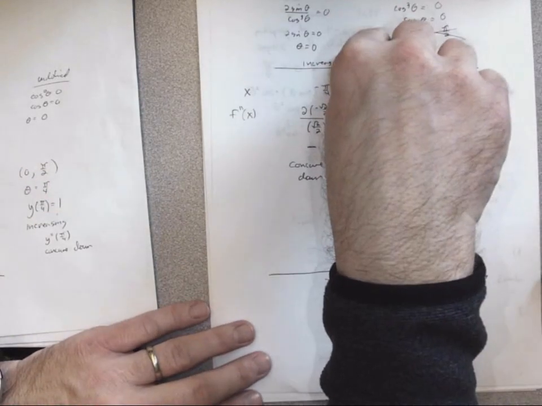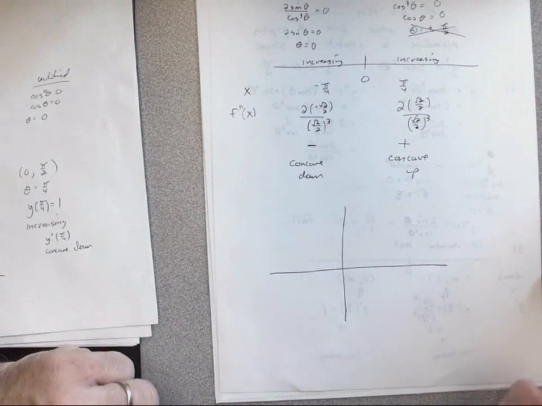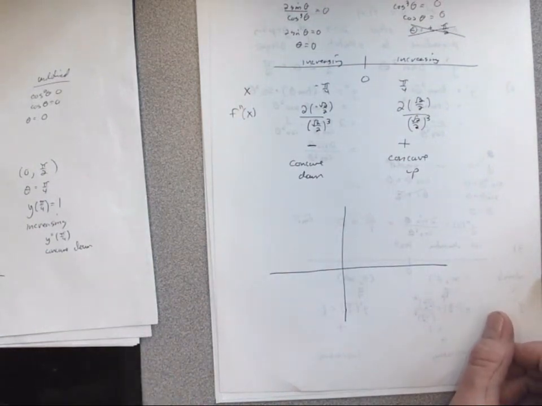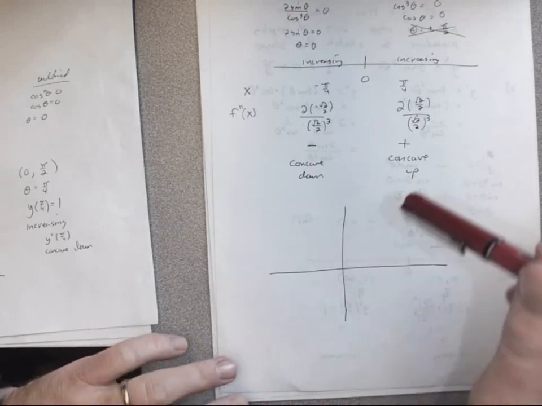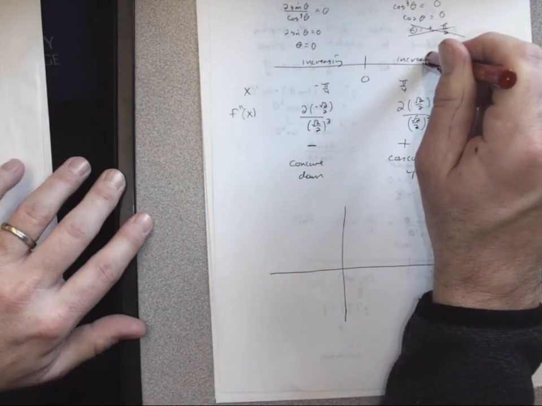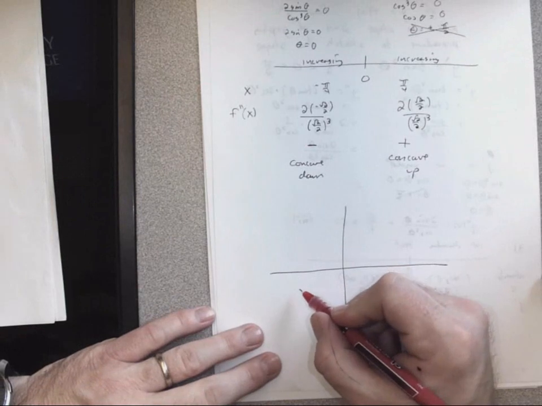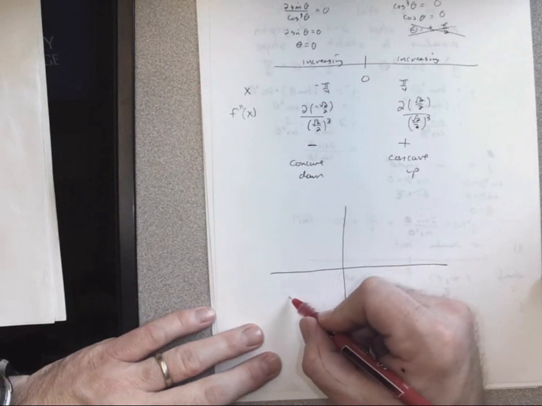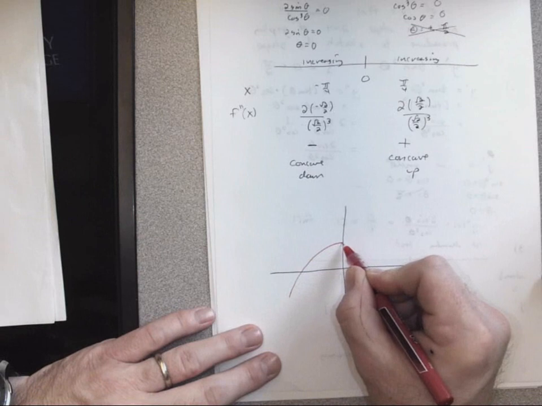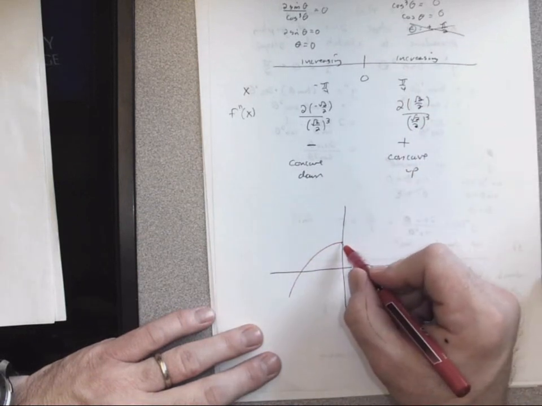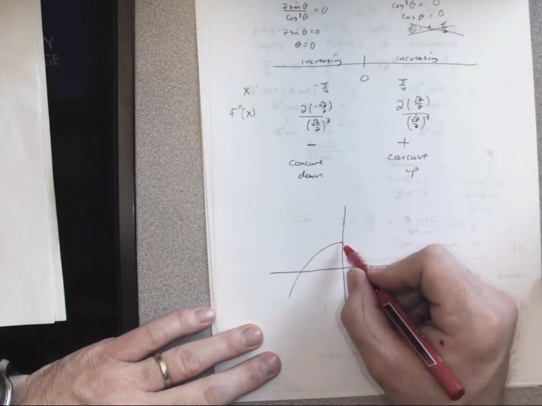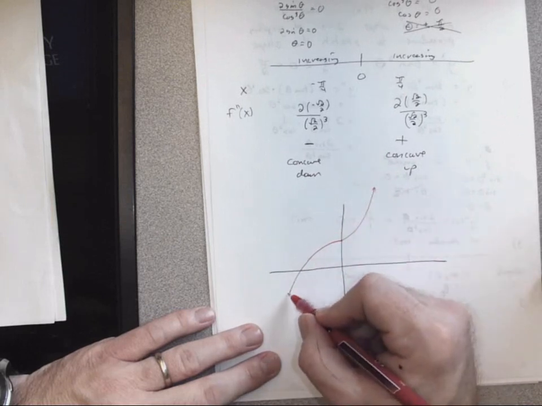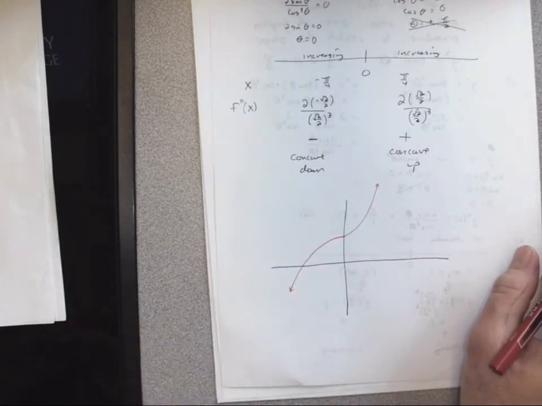So I know it's increasing concave down, and this is going to be increasing concave up. So it's got to look like this. Increasing concave down has got to be something like this, and then it's going to be increasing concave up. That makes sense. Yeah, I can live with that.